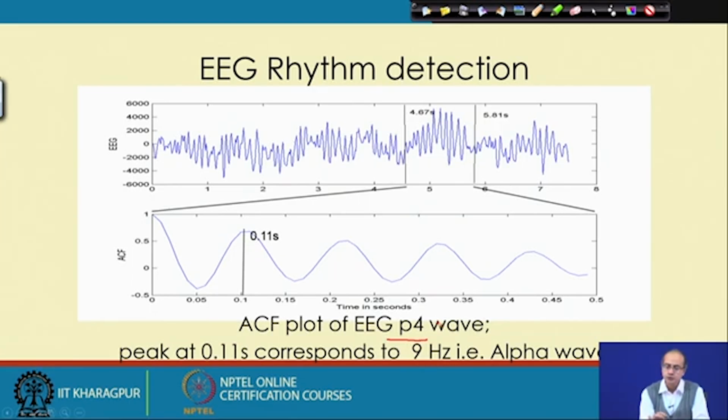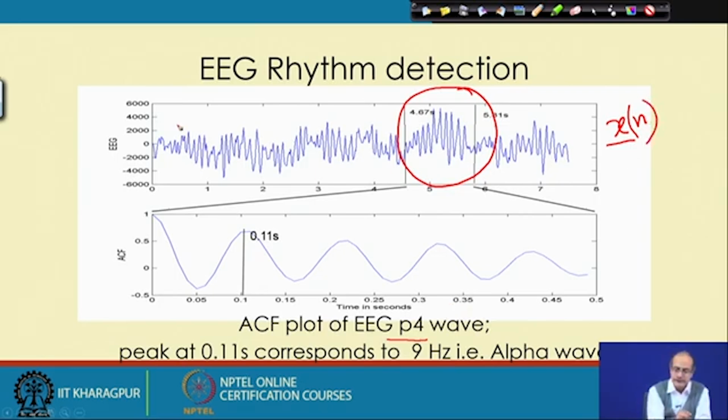So, what do we do? We take this part of the signal as x̄[n], and the overall EEG signal of P4 we take as ȳ[n].